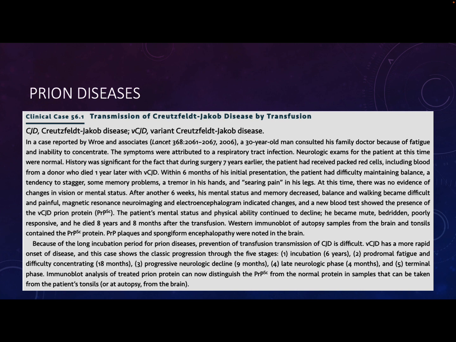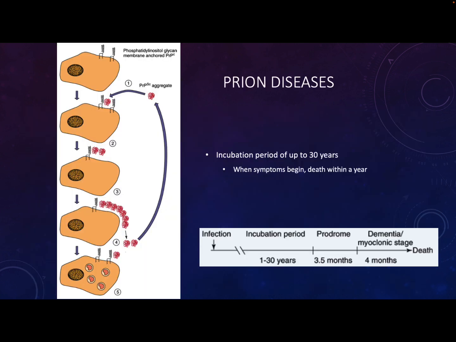This is very fast. 1 to 2 years after symptom onset, the patient will be dead. Okay. So I don't know, do you want to know? I mean, none of the other neurodegenerative conditions like Alzheimer's, Parkinson's, there's really no cure. But incubation period of up to 30 years. For most patients, death is within a year once symptom onset starts.